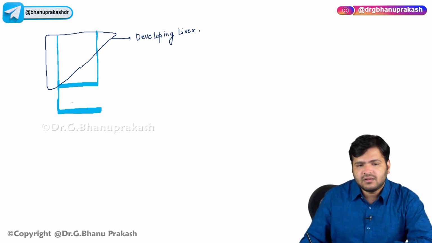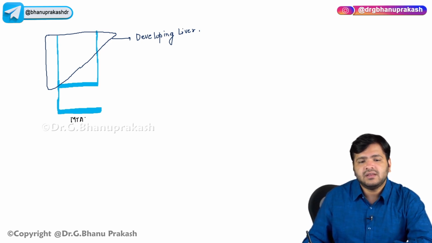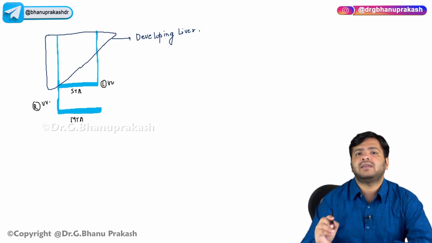So this is the middle transverse anastomosis, and this is the superior transverse anastomosis. Which vein is this? This is the left vitelline vein, and over here this vein is the right vitelline vein.